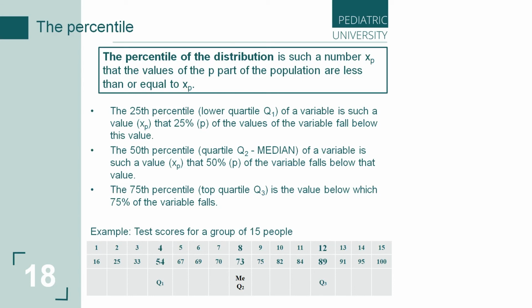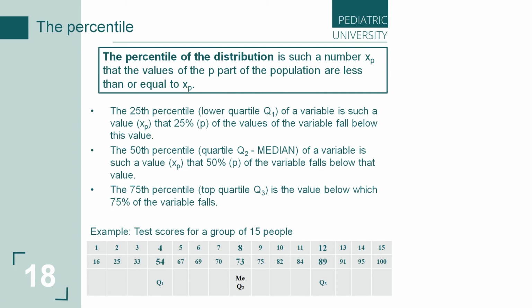Conventionally speaking, we have divided the sample into 4 parts. For example, on the slide, the test scores of a group of 15 people. Marks, we ordered them in ascending order and divided the sample into 4 parts: first, second, third, and fourth.